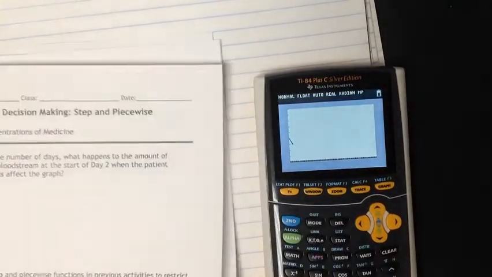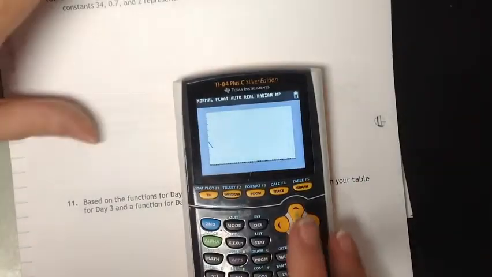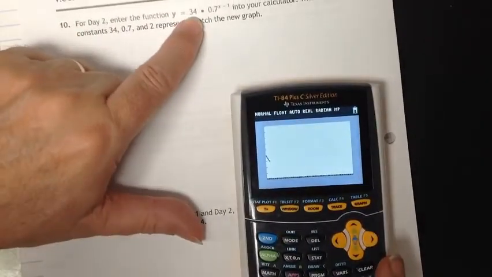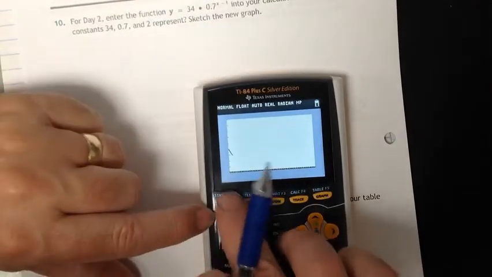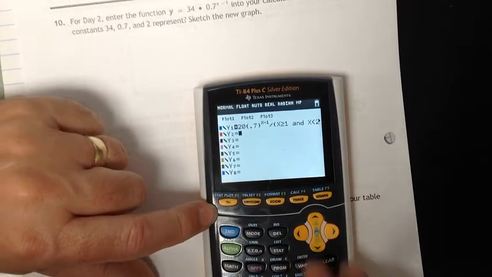All right? So now they're going to take a second pill. They take a second pill, and we have 34 times 0.7 to the x minus 1, because now they're starting that day with 34 milligrams.